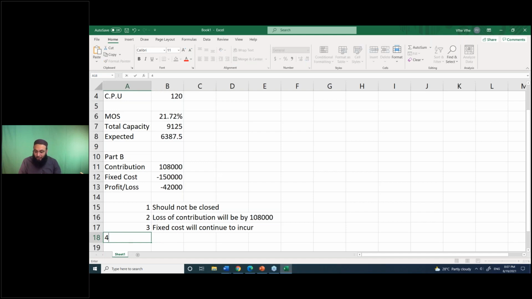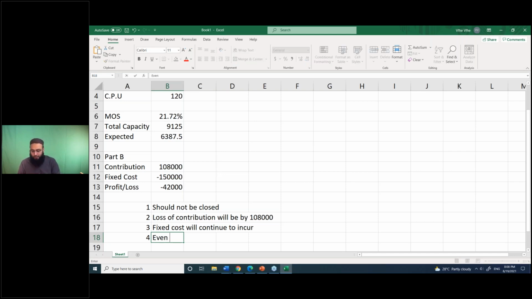And you need to keep this in your mind as well, that it's just the one quarter, which means in the coming quarters, there are your regular customers, and once you close, you will miss out on your regular customers as well. Those who are coming here, 900 ones, they might go somewhere else.